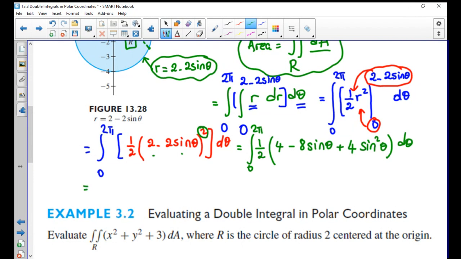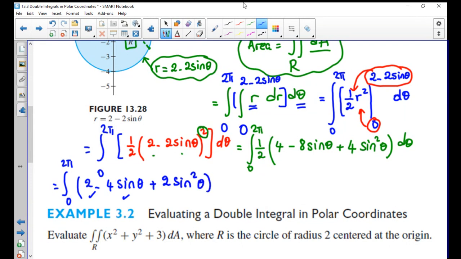I can remove the half by multiplying by half. So it's going to give us the integral from 0 to 2 pi of 2 minus 4 sine theta plus 2 sine squared theta. I can integrate this. That's not a problem. Now the third one is a slight problem, but you have seen this in calculus 1.